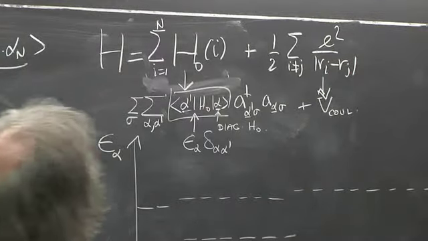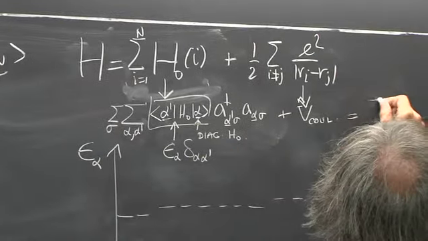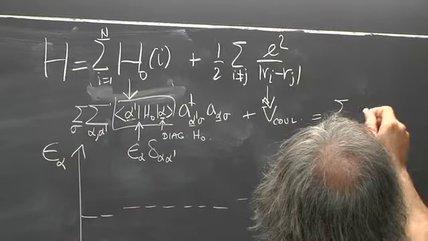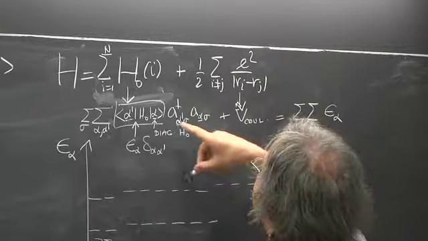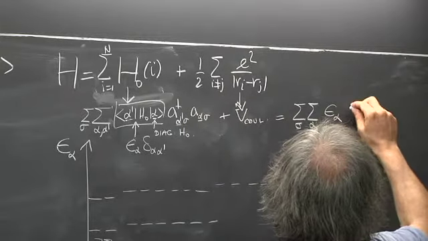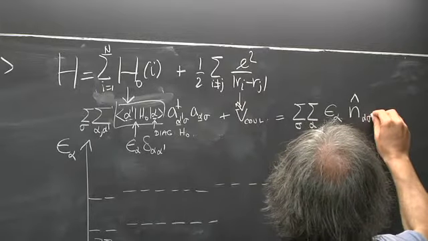At this point, this becomes a very simple Hamiltonian. So this is perfectly diagonal: sum over sigma, sum over alpha, epsilon alpha times n, the operator that counts alpha sigma.